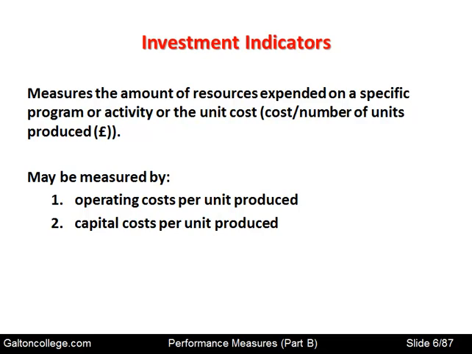Try to look at the capital costs per unit produced. It's very difficult to work out these figures, and many are put off even trying. When we think of output in, let's say, a manufacturing setting, the output is produced by workers and machines. Now, what is the contribution of the worker and what's the contribution of the machine? Could it be that the output has increased because workers have become more efficient?